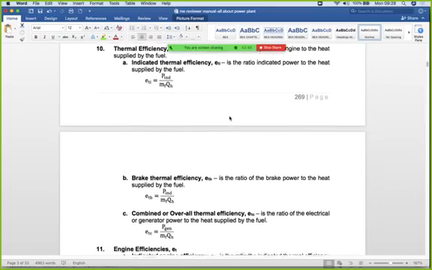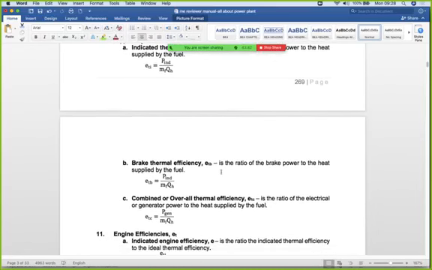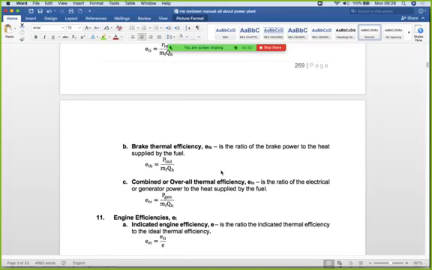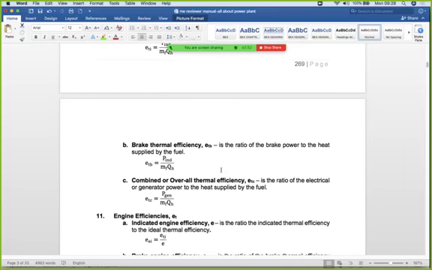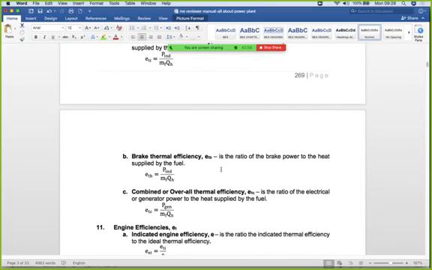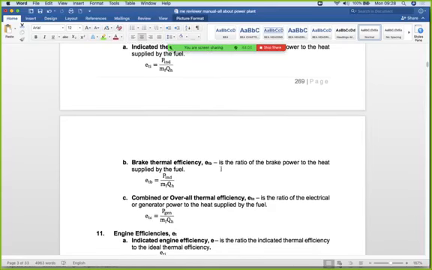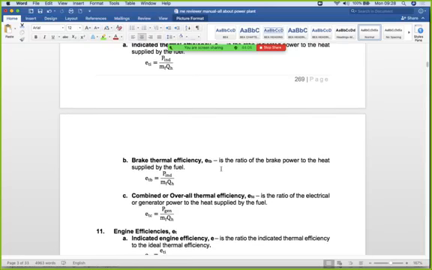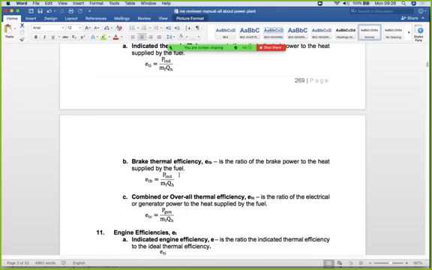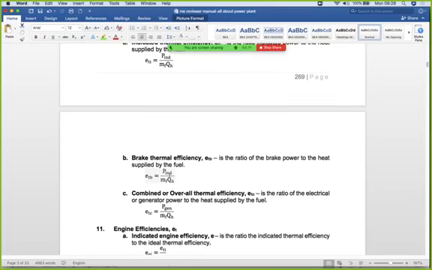So we have the brake thermal efficiency, the same with the indicated thermal efficiency. It's the ratio of the brake power to the heat supplied. So this is wrong, this is not indicated, but brake power, PB.